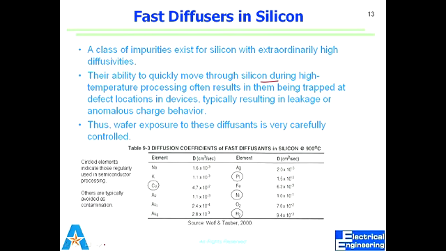If our wafer gets exposed to these, they will get incorporated into the defects and cause electrical leakage and anomalous behavior of the devices. So we have to be very controlled once we expose our wafers to these metals. After that, we don't expose the wafer to high temperature because they can leach through and get into the structure of the crystal.